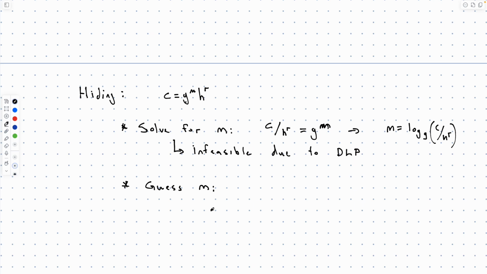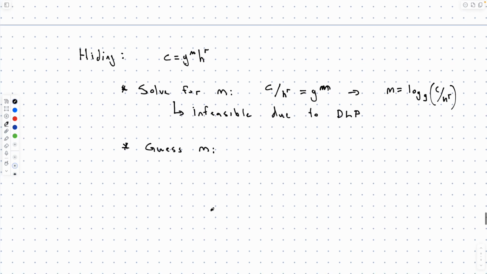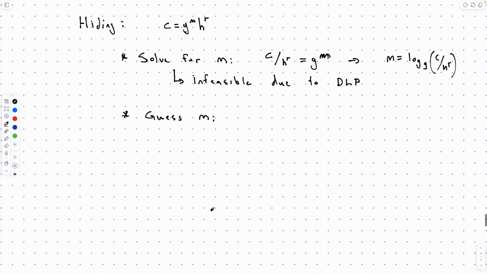What about guessing M? My idea before was I know M is either 0, 1, or 2. So I can commit to 0 and see what it comes out to, but now I have to choose a random number.